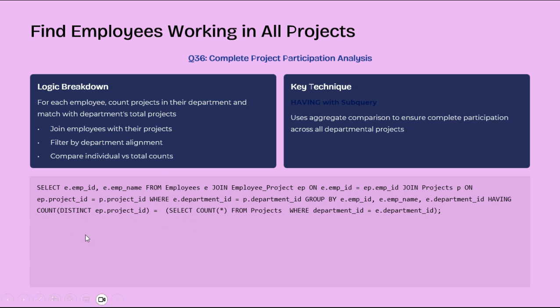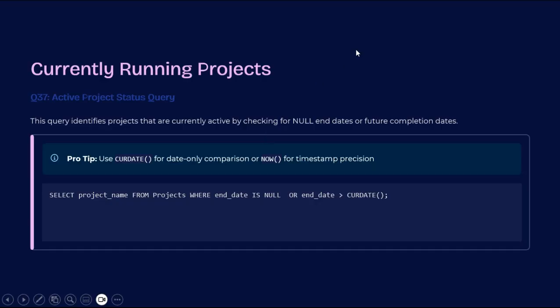Because this query is very lengthy, if you write this query in your IDE and run it, you will definitely get all employees working in all projects. Next is currently running projects.